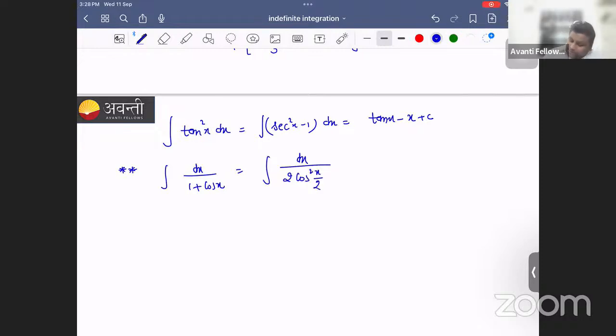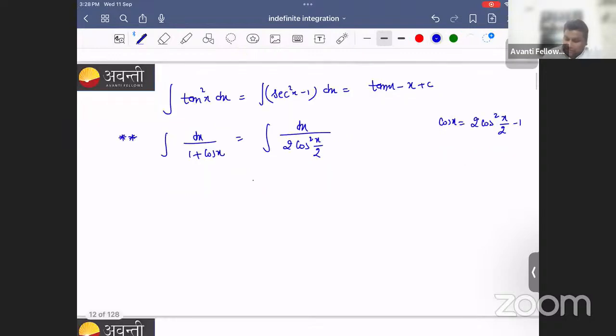Here the formula I am using is cos x equals 2 cos square x by 2 minus 1. So that is dx. So this is equal to half outside.